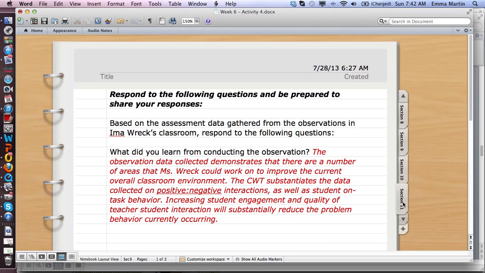And so this helps us to substantiate the fact that increasing student engagement and the quality of teacher interaction will substantially reduce the problem behaviors currently occurring. So we can see from the data that we collected that there are a couple of areas of weakness, and use that to help Ima develop a plan.